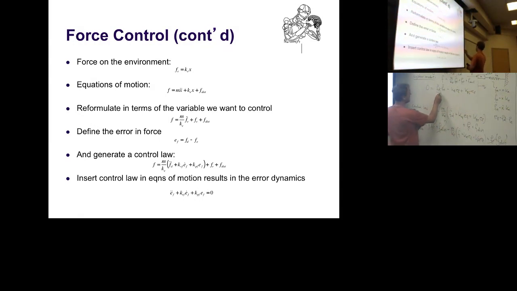And we realize that this is equivalent to E double dot F. Now we have an equation which says E double dot in force plus some velocity term times the velocity of the force error plus some K term times the position of the force error, and this thing has to be 0. So I can write this out one more time.